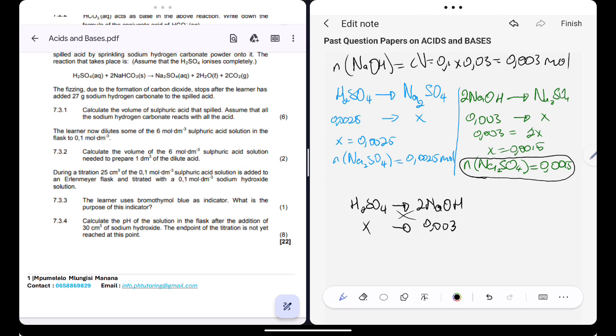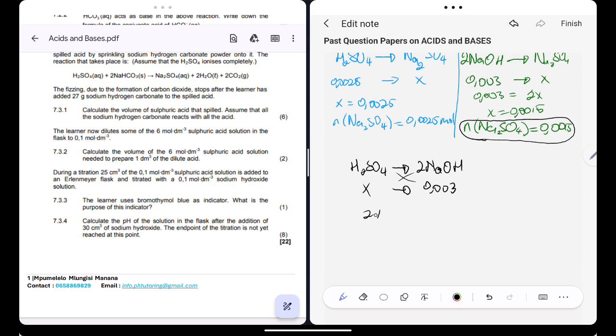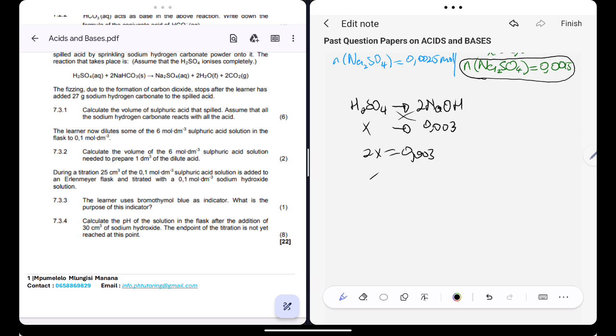Then all I need to do is just cross multiply. I'll have 2x is equal to 0.003. Then x is equal to 0.0015 moles. Are you together? So these are the number of moles that I need to use to completely react with the base. Are you together?